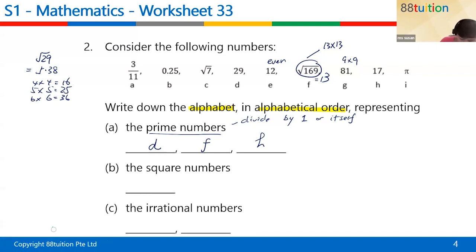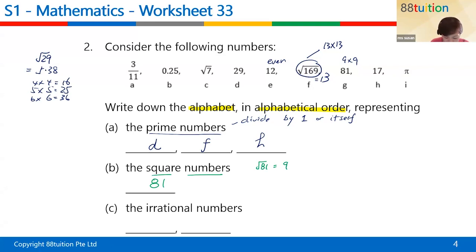Then for square numbers, which can be square rooted, where are the square rooted numbers here? 81, right? That's the only one, because 81 is 9 by 9, so it can be square rooted. The rest cannot be square rooted.